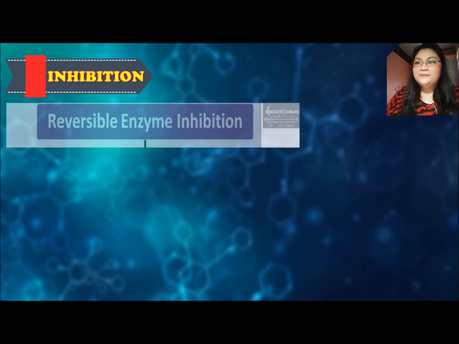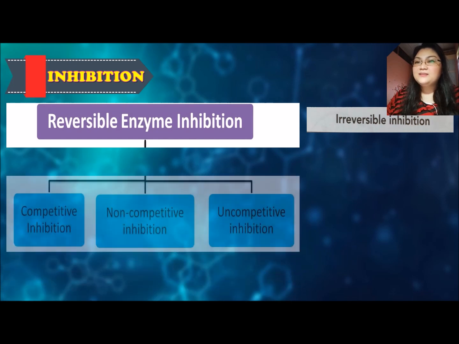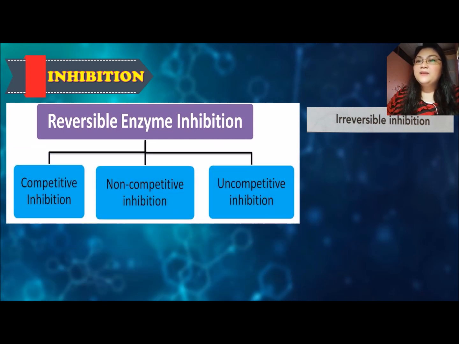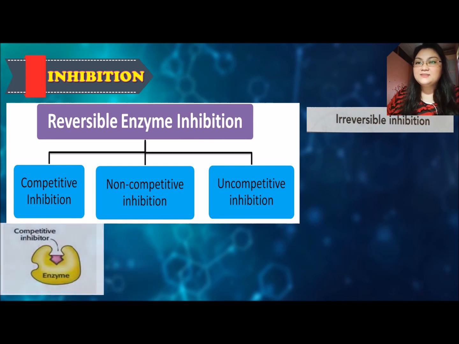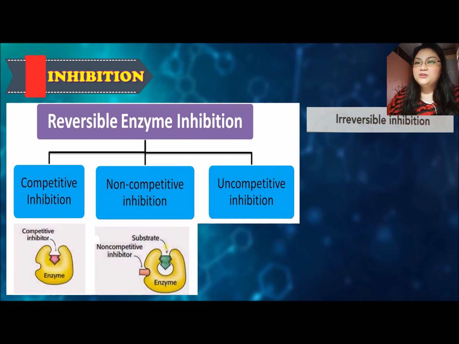We have the reversible and irreversible. For reversible, there are three types. First, competitive inhibition. In competitive inhibition, a molecule blocks the active site so that the substrate has to compete with the inhibitor to attach to the enzyme. Next, non-competitive inhibition.